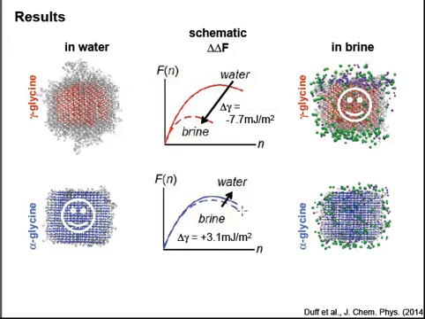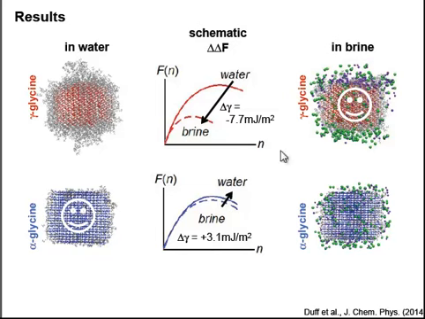This is a bit of an unexpected result. We sort of knew that the effect of the salt would be to reduce the interfacial free energy in the gamma glycine case because it's a polar crystal. But we didn't know that the salt would have any appreciable effect on alpha glycine, and there was really no reason to even suspect that the sign of this would be positive.